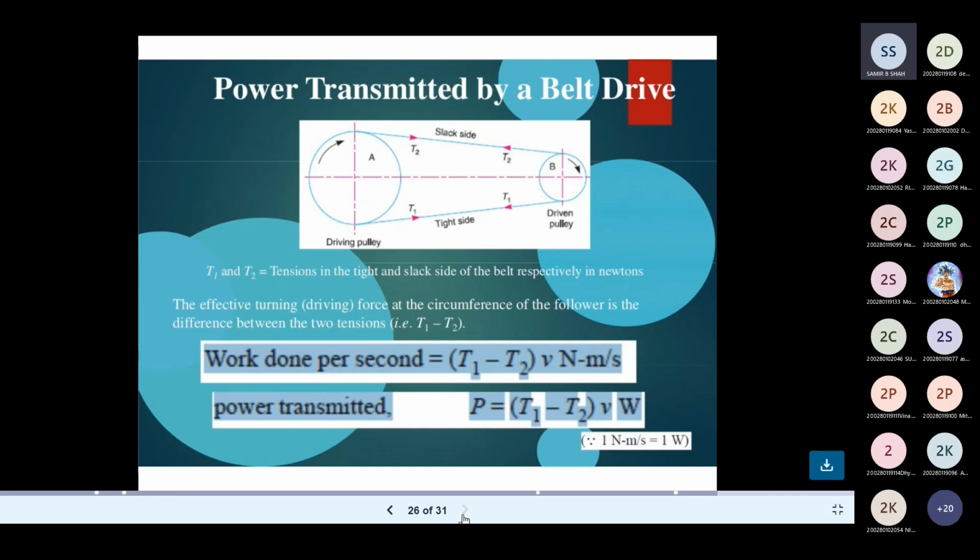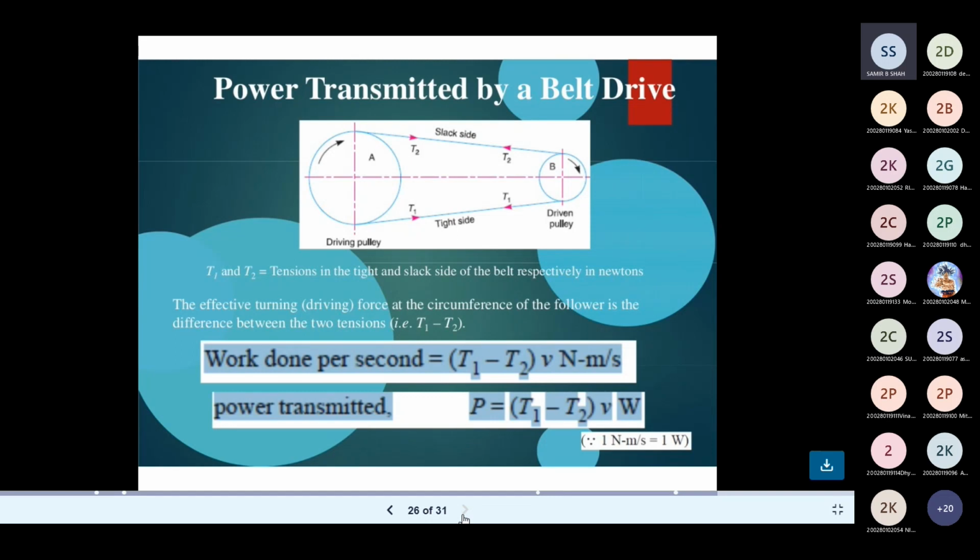So the lower side of the belt becomes the tight side, and the upper side of the belt becomes the slack side, which has the lesser tension compared to the tight side. So we have to find the power transmitted by the belt.